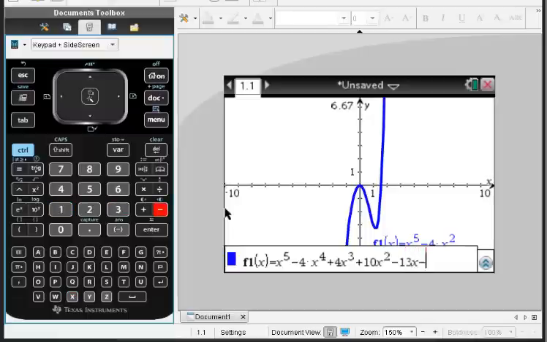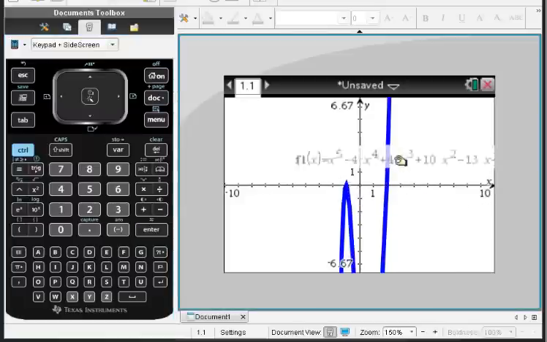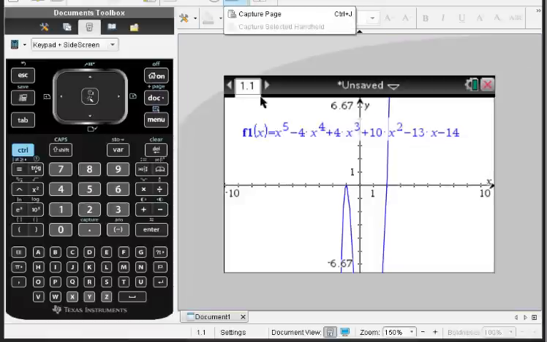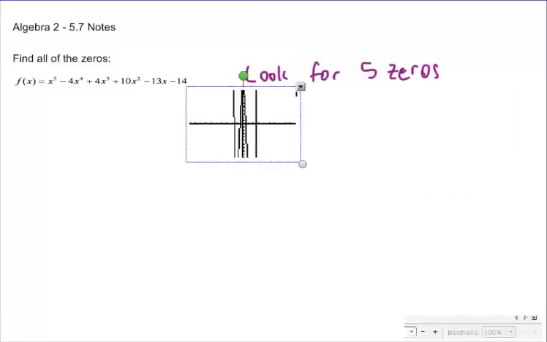And if we can figure out some of our zeros, then what we can do is synthetic division. And with that synthetic division, we can get our problem down to something that we've been working on. So I've got a 5th degree equation. I need to find 5 zeros. So let's capture this guy and paste him here.